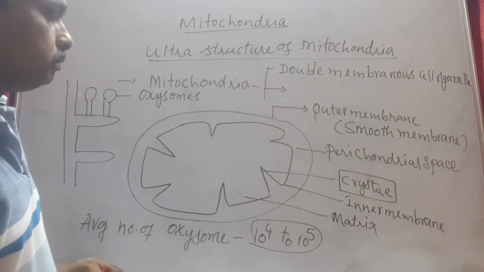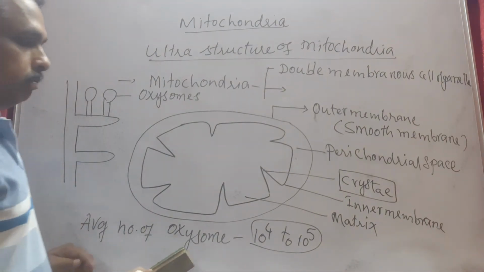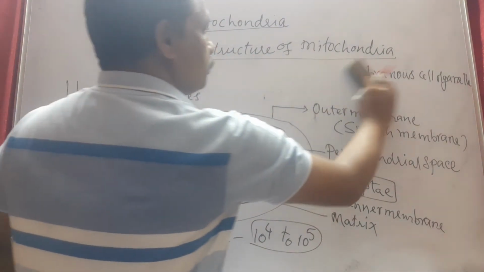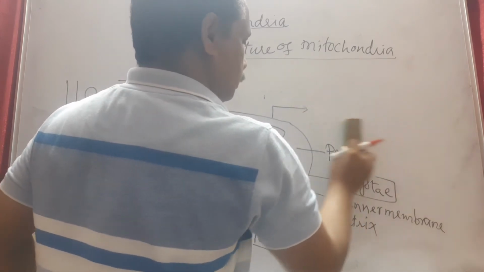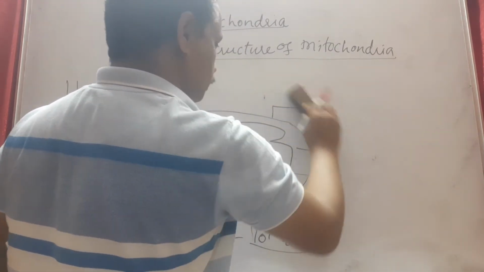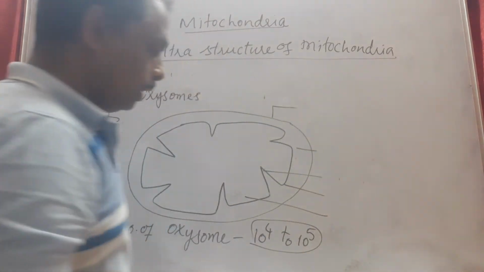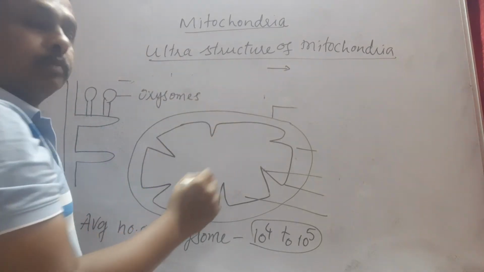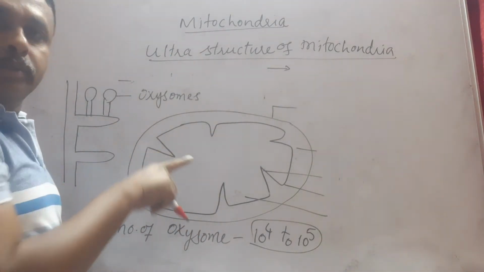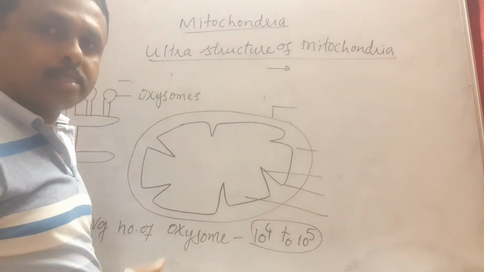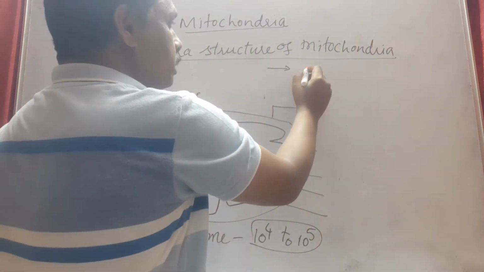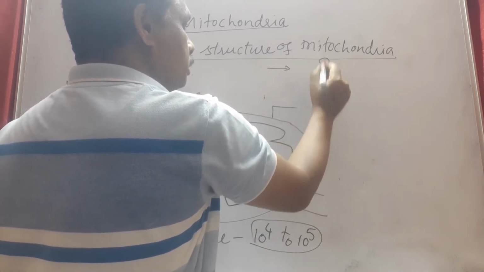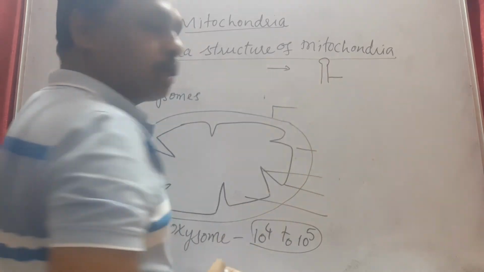And see, the oxysome has two important sites. Suppose this is the oxysome, this is called the stalk.